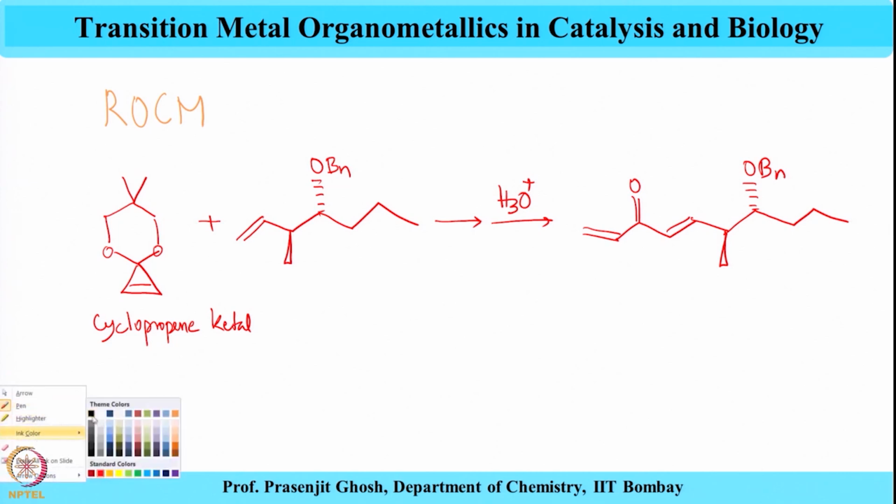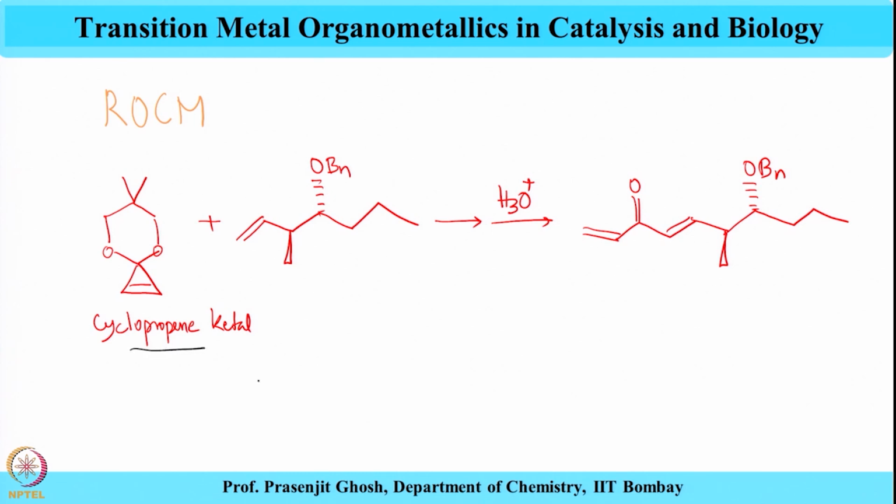Now, this is an interesting molecule, this cyclopropene ketal. If seen closely, this is nothing but derived from the protection of the carbonyl group to give this ketal moiety, and this is cyclopropene ketone. Now, this structure is not very stable, it has a more stable structure which is in its zwitterionic form.